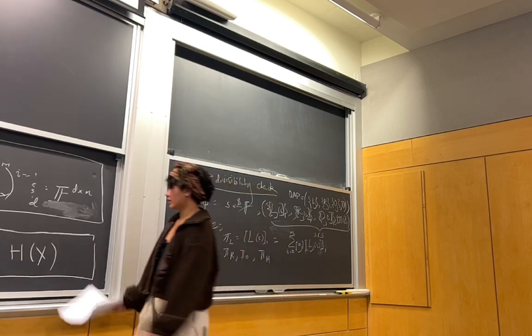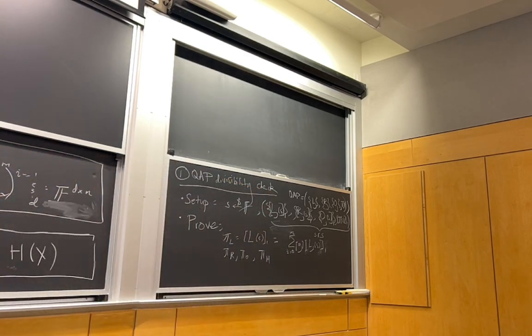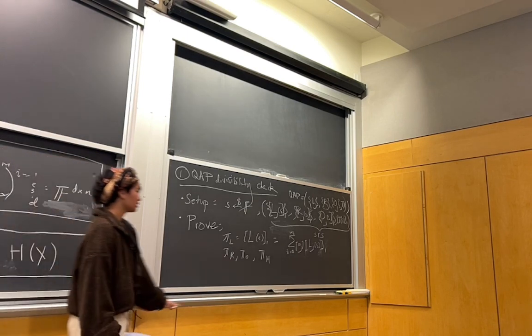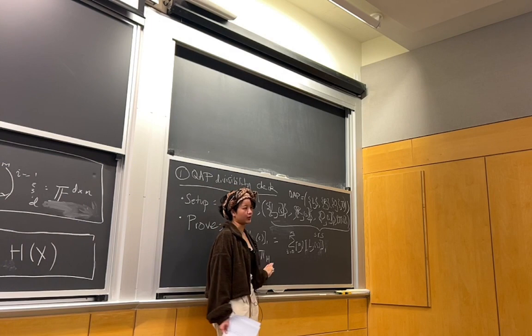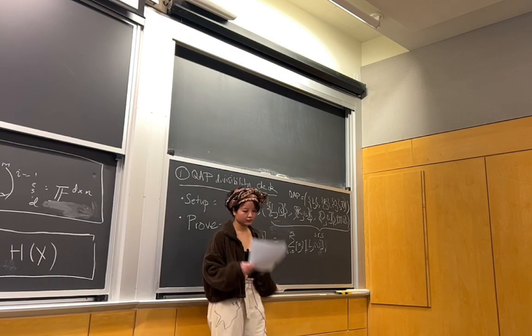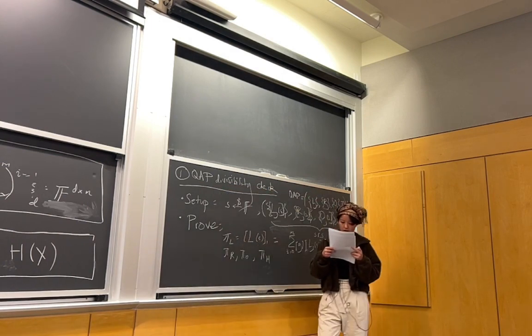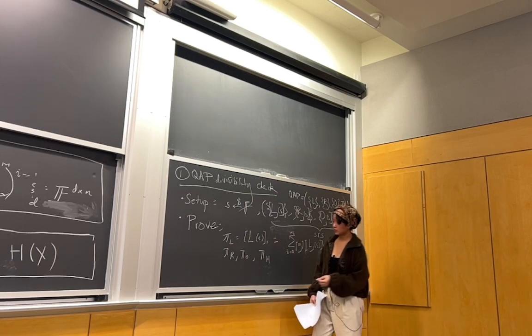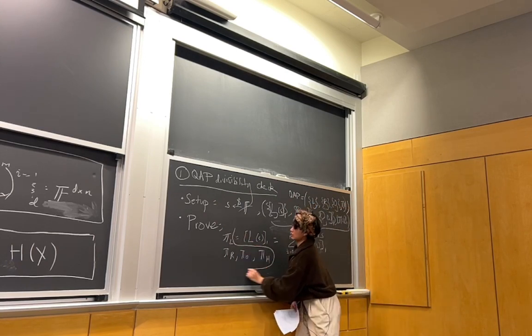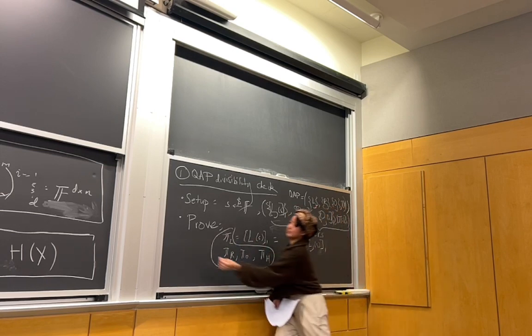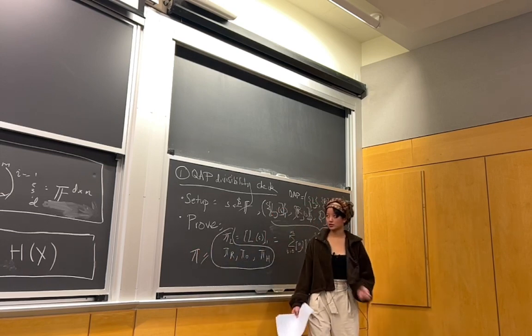If you recall, my quotient polynomial is what's going to convince you that I have a satisfying assignment for this relation in the numerator: the fact that its quotient, when divided by the vanishing polynomial, actually gives me a valid polynomial h. So this is the proof, by the way. Pi equals this.